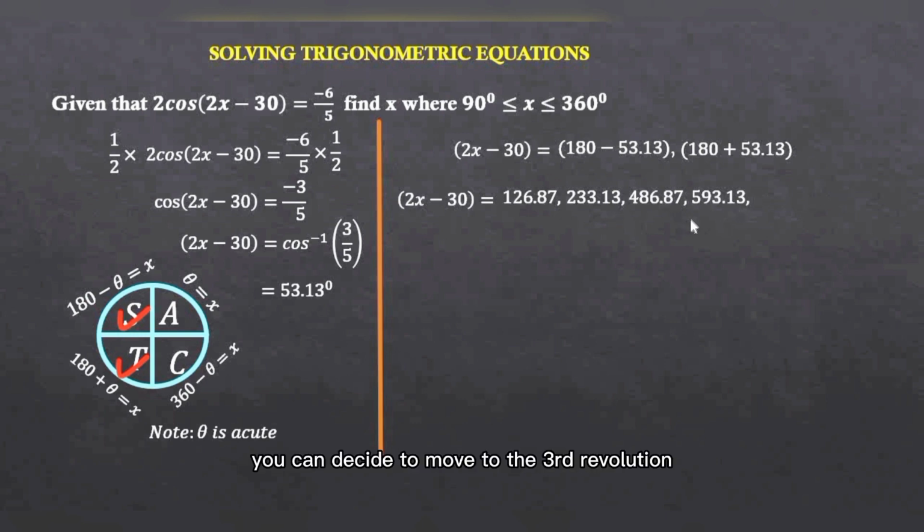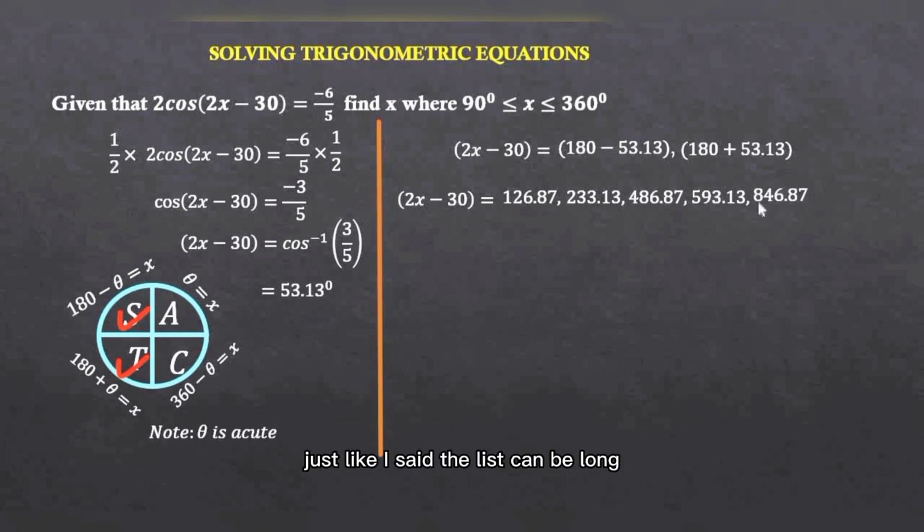Now this list can be long. You can decide to move to the third revolution, fourth revolution, and so on. So if we move to the third revolution, we simply add 360 to this and that. So if we add 360 to 486.87, we have 846.87.